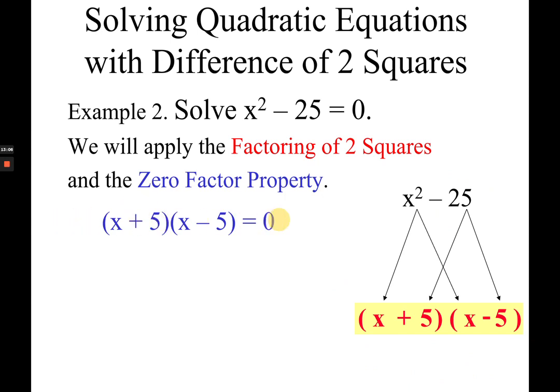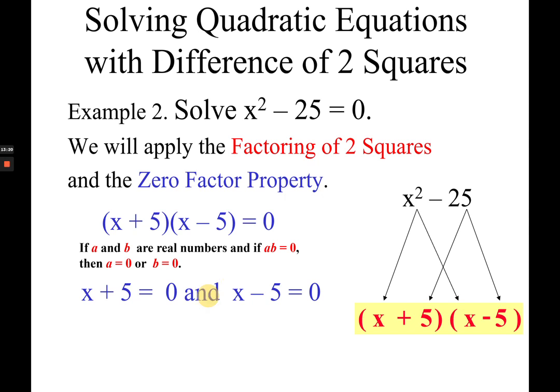And now we will apply the zero factor property. What was the zero factor property? It is saying we can find the solution by separating these factors and equating them both to zero.